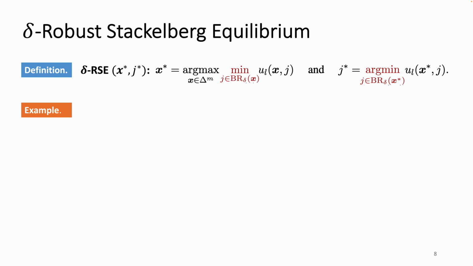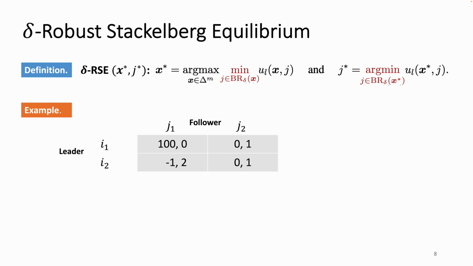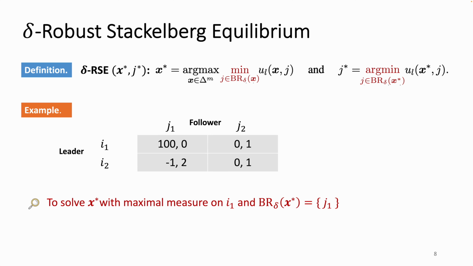So let me give you a concrete example, and we use the previous instance again. Basically here, it is trying to solve for the optimal leader strategy that has maximum measure on I1, and the delta best response set of this X contains only J1. Because whenever this best response set contains J2, the follower would want to switch to J2 due to the pessimistic tie-breaking.